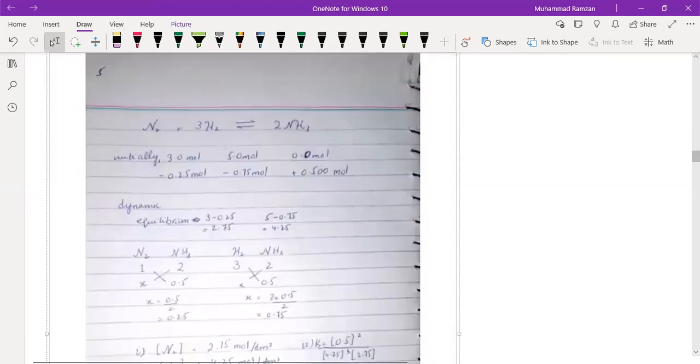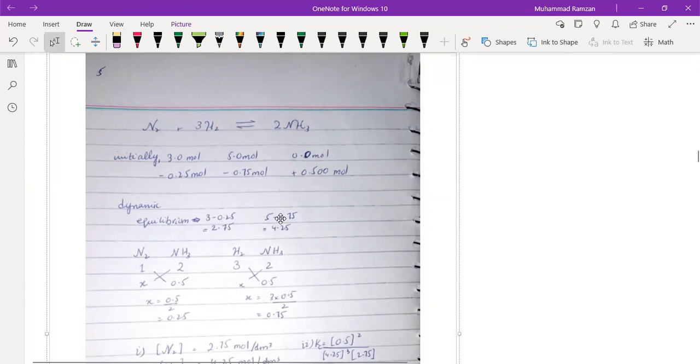There is an example over here. For example, you have N2 and H2 reversibly forming NH3. This is the equation. You have a closed system. N2 initially was 3 mole in a container. We suppose the container is 1 dm cube, and H2 is 5 mole.